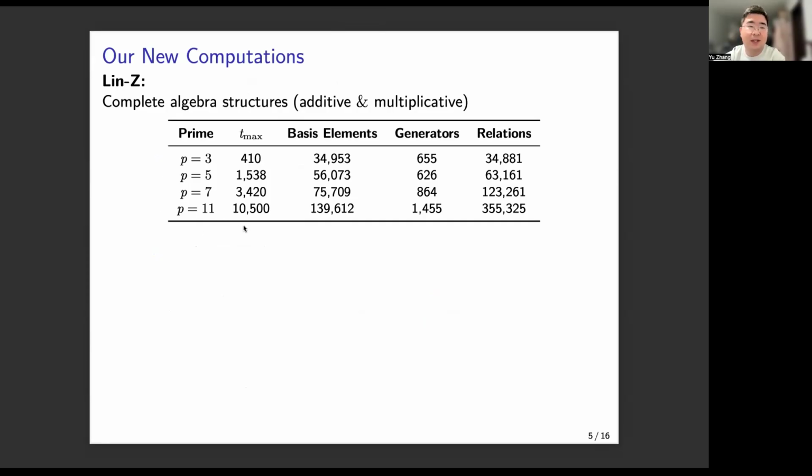So we have run the program for 3, 5, 7, and 11 to the following ranges. And we can describe the E2 page of the sphere in such ranges as an algebra, in terms of indecomposable generators and relations. This table summarizes the number of additive elements, multiplicative indecomposable generators, and algebraic relations.